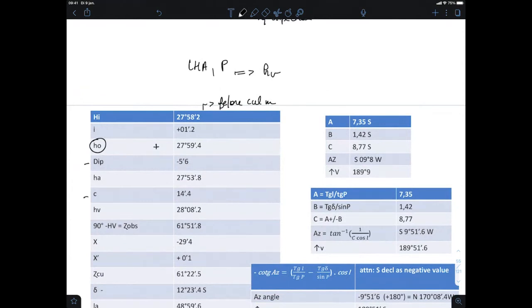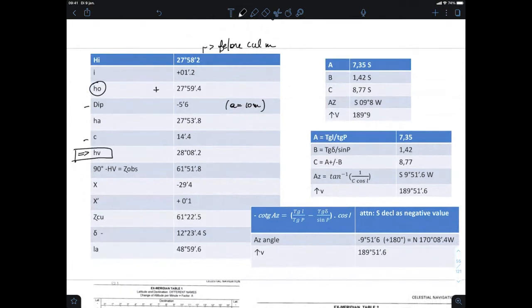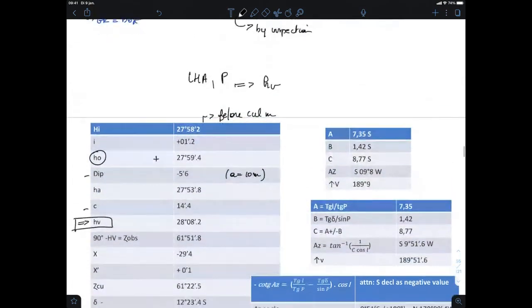The dip is minus 5.6 because we are at a height of eye of 10 meters. So we subtract 5.6, and then the total correction can be found on the first pages of the Nautical Almanac. For the sun, lower limb, we get a total correction of plus 14.4. And this gives us then the corrected true altitude. So our instrument errors have been corrected, and we obtain now a true altitude at the moment of observation.